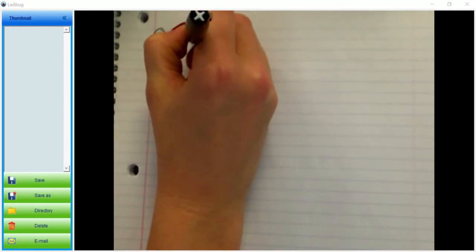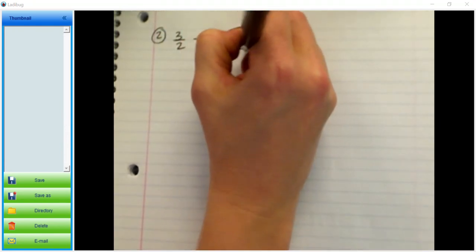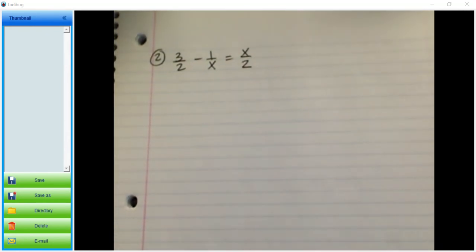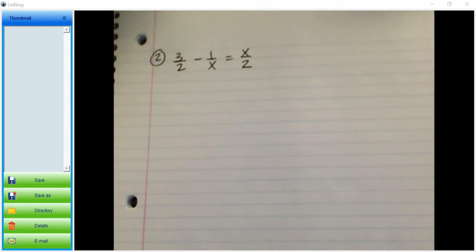Okay. 3 over 2 minus 1 over x equals x over 2. Okay. It almost looks like the exact same question I put up. However, where is the variable? Both sides of the equation and the bottom. That makes it an actual rational expression because the variable's in the bottom.